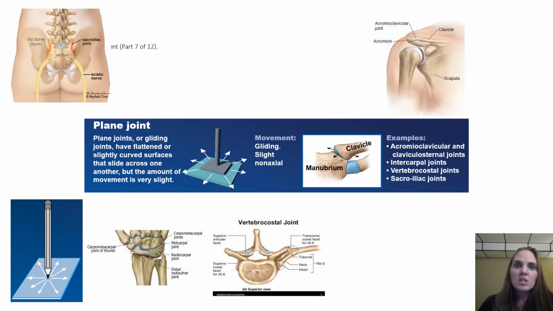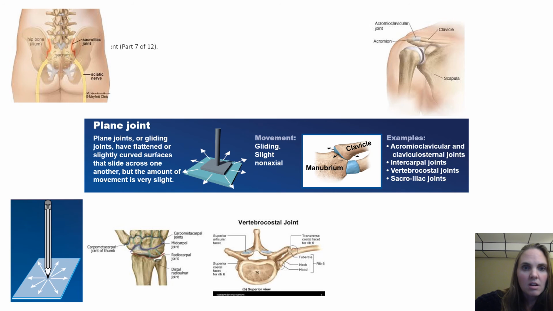Examples of this we've mentioned before, those intercarpal bones between the bones of the wrist, the vertebrocostal joint between the rib and the vertebra, the sacroiliac joint of the pelvis and the sacrum. You can see all of those here. Let's see.